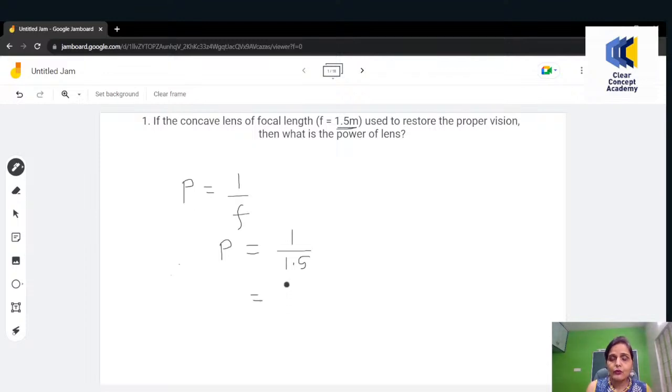Whenever you have a decimal number at the denominator, you shift the decimal point to the right, and you add a subsequent number of zeros at the numerator. So this becomes P is equal to, did I miss something when I started this?